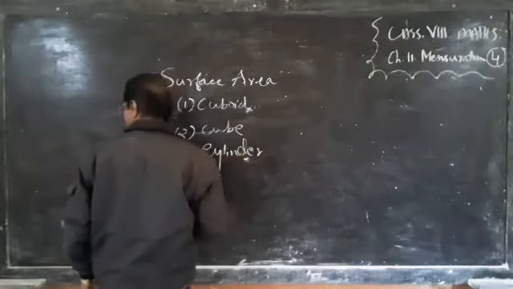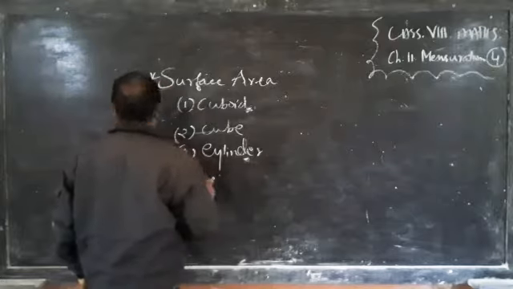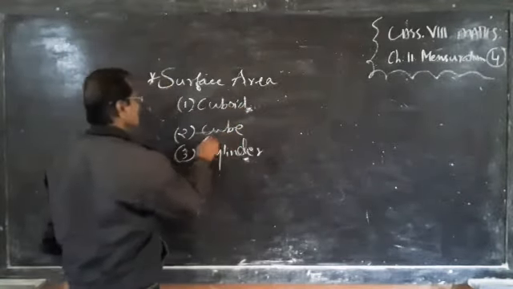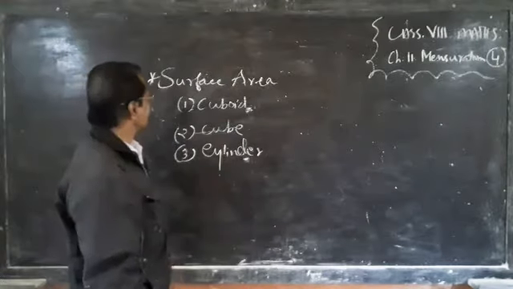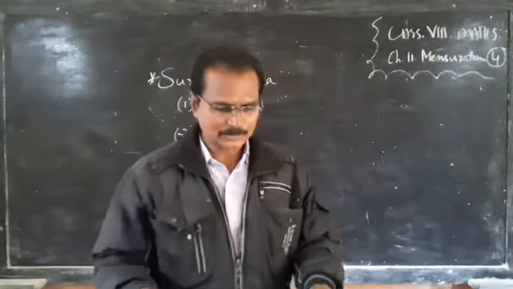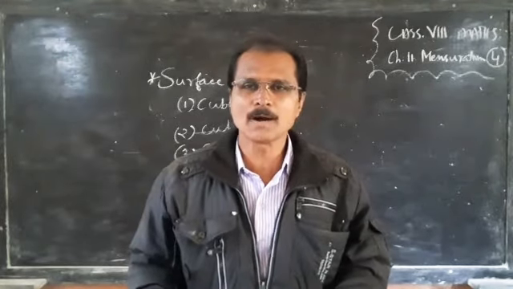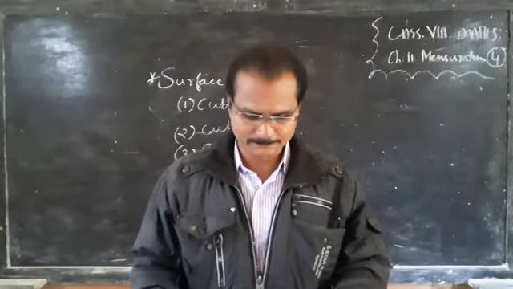So we need to find out the surface area of three solids: cuboid, cube, and cylinder.